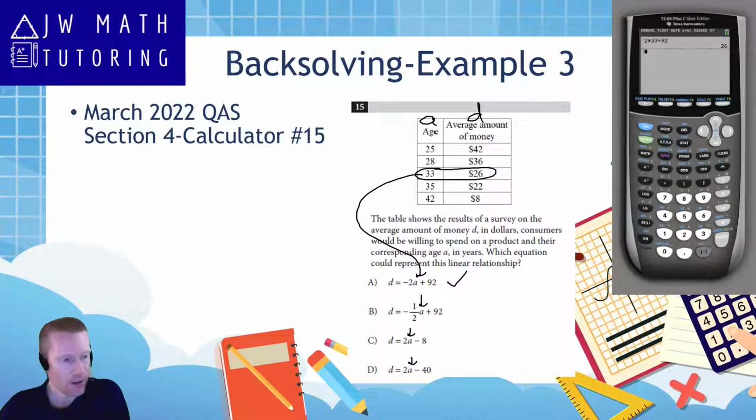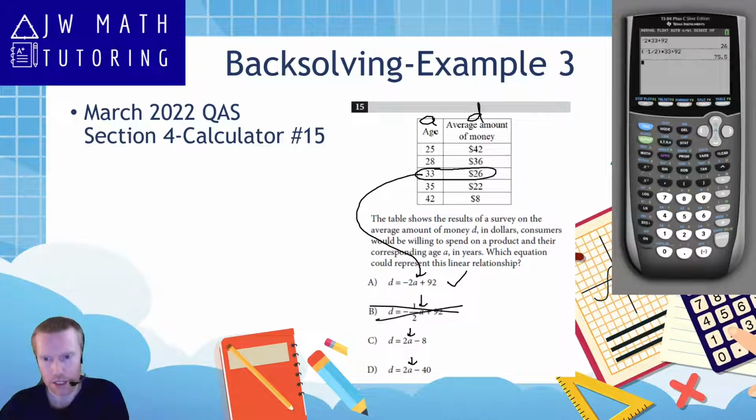So now I have negative, and I'll put the whole thing in parentheses. So I have negative 1/2, and then times the 33, and then plus 92. I get 75.5.